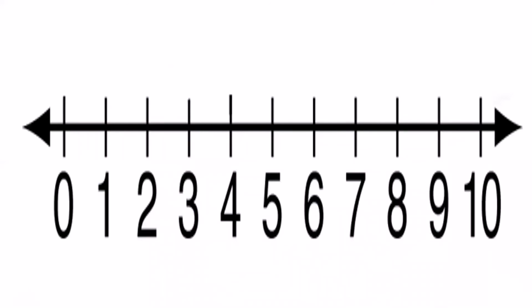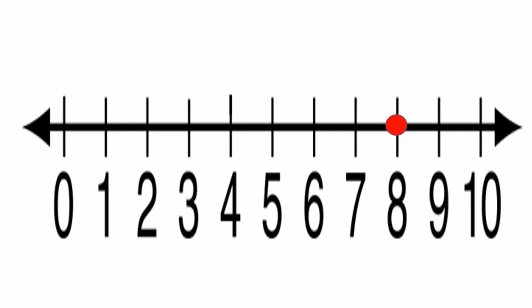Now I want to plot our solution. So I know we have a solution of x is less than or equal to 8. So the first thing I want to do is make sure I understand whether it's going to be an open-face or a closed-face circle. We have x is less than or equal to 8, therefore it is a closed-face circle.